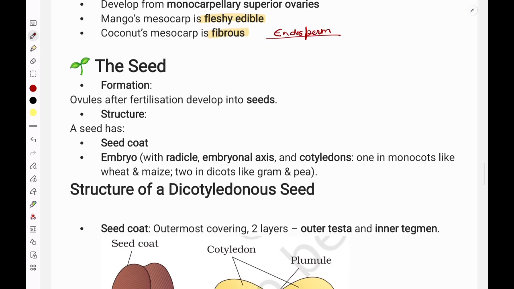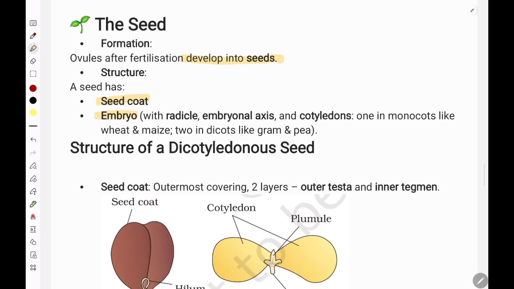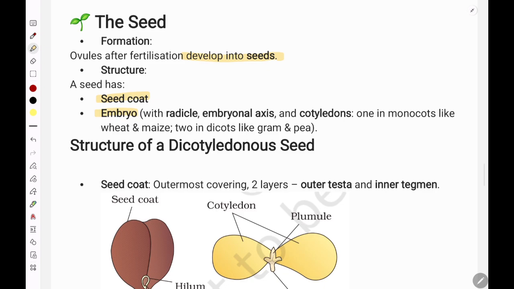If we talk about the seed, the seed has two major parts. One is the embryo, second one is the cotyledon. The seed is formed after fertilization. First is the seed coat and then the embryo. The embryo consists of the radicle, embryonal axis, and cotyledons: one in monocots, two in dicots.